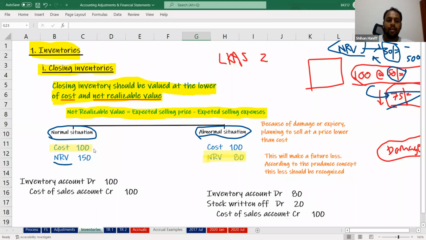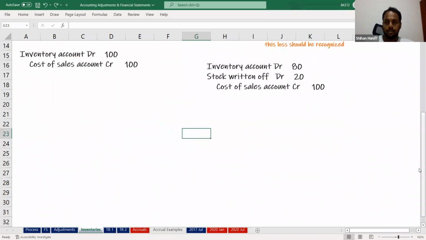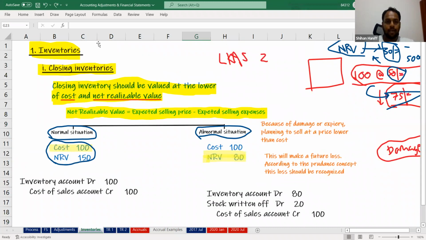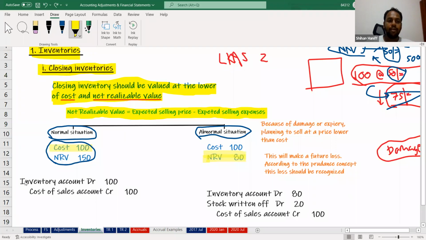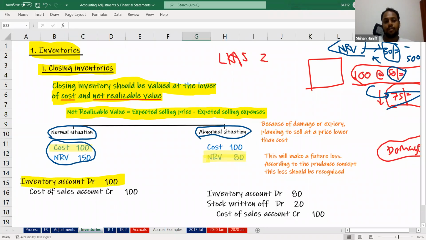Then your double entry for the inventory is: inventory account debit, cost of sales credit.